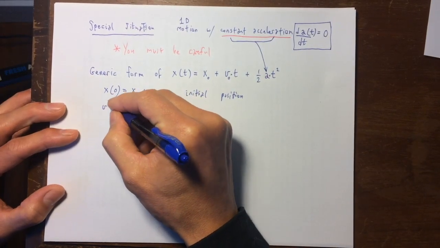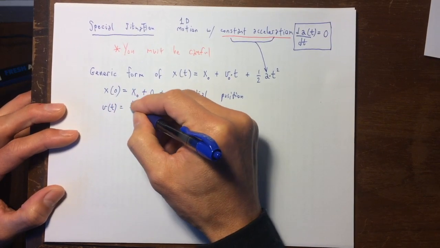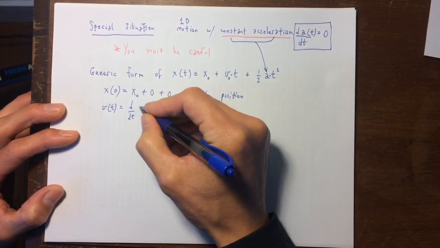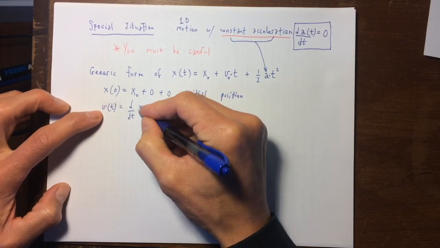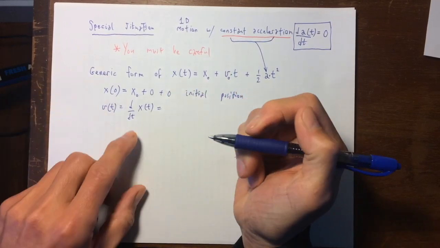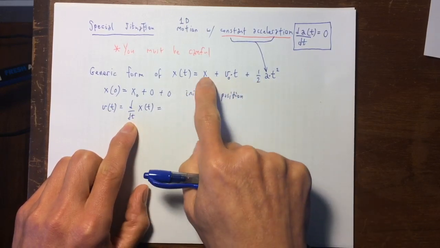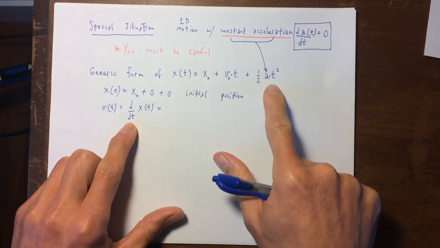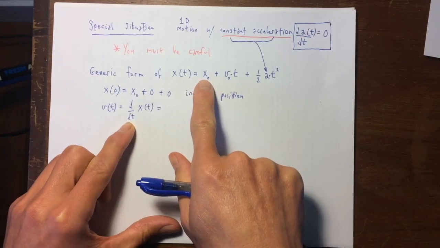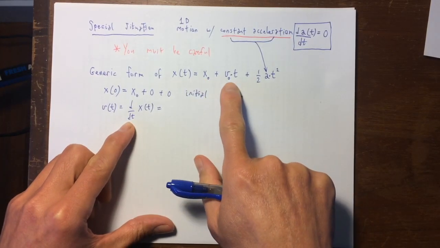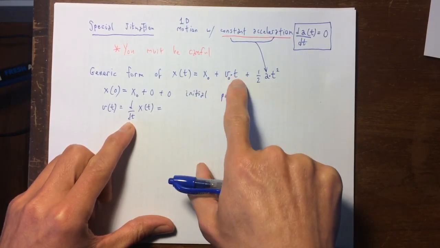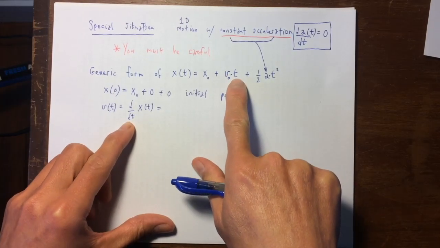So v of t is just a time derivative away. So v of t is d by dt of x of t. And if you go take d by dt of x of t, here's x of t. It's these 1, 2, 3 terms. The first term has no time dependence. The second term is a constant times time to the first power.